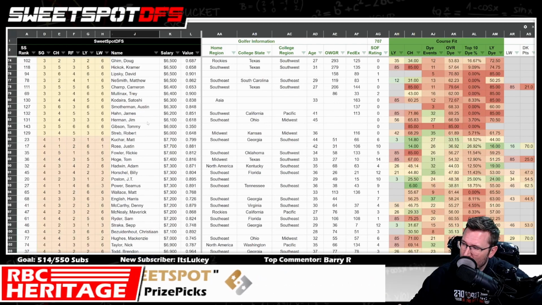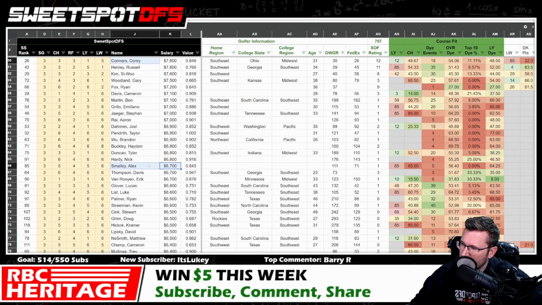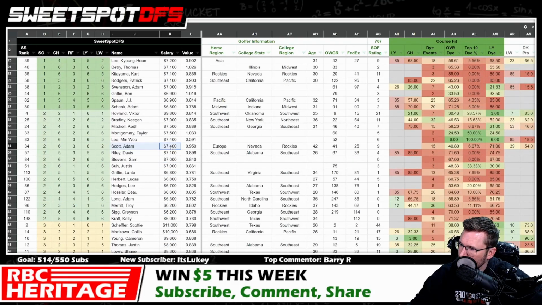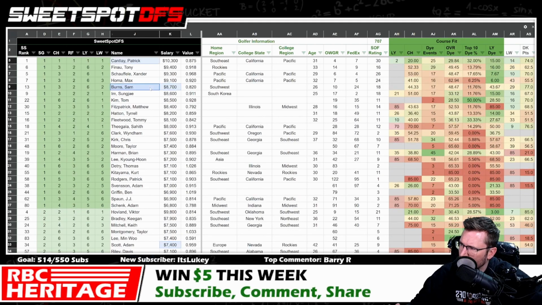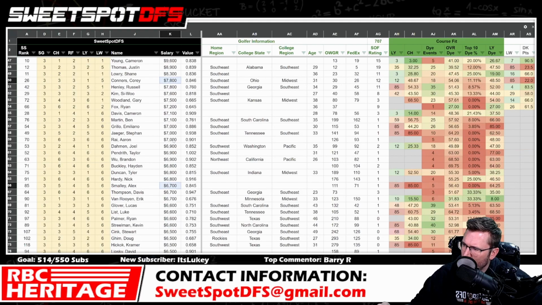So if I were to come down to this bucket, maybe I have enough for like Matt Kuchar. Let's see what this price tag is. I think I selected too many golfers. Let's see here, which one do I want to drop? If I drop Smalley, does this work?